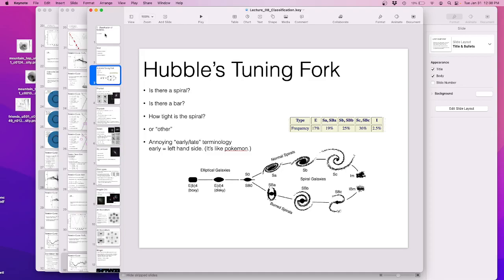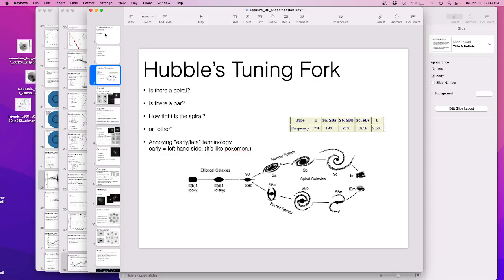So Hubble looked at all these galaxies and said, things get more complicated. So these round things evolve into these smooth spiral things, which evolve into these really spirally spiral things, which evolve into these little dudes, like Pokemon. Like they get bigger and more complicated. But that is in fact backwards.